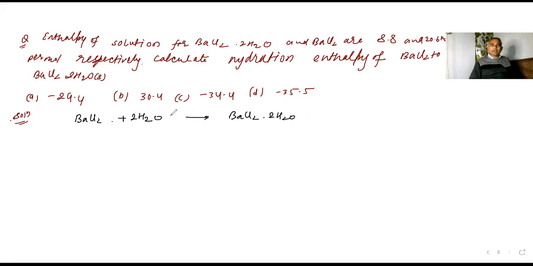Now one thing we have to take is the aqueous salt. Another thing you need to take is that if BaCl2·2H2O is forming, it will be the hydrated form, but it will also be a solid only.